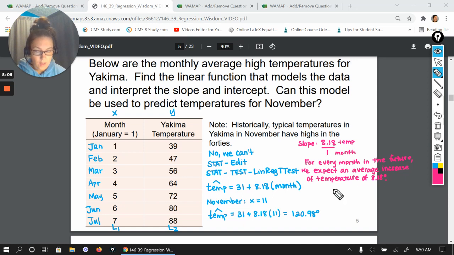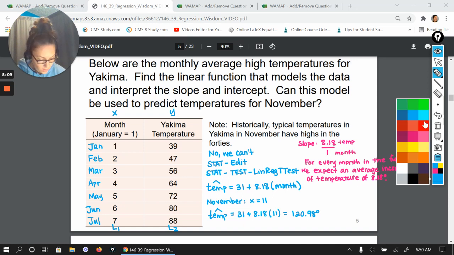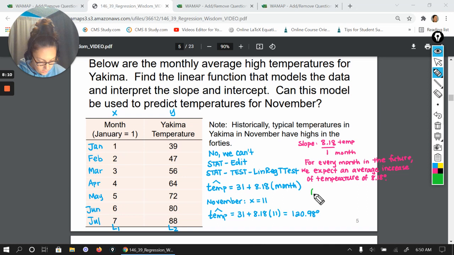Now the y-intercept, which is 31, can actually be written as (0, 31). So this is the y-intercept. And the 0 is the x-coordinate, so this represents the month, and this represents the temperature.